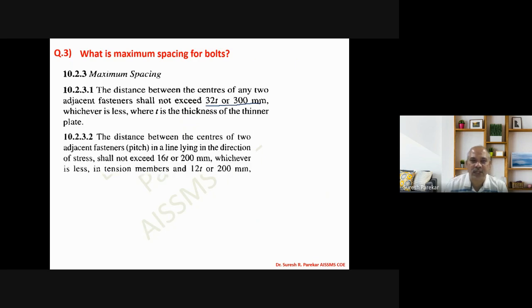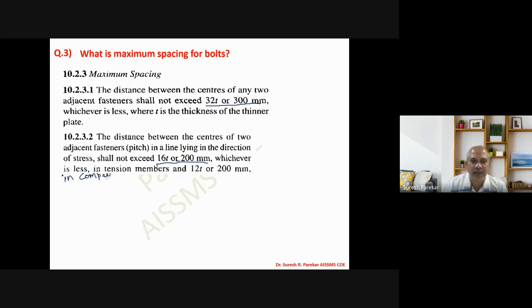But we have to also check it, that is centers of two adjacent fastener pitch in a line lying in the direction of stress shall not exceed 16T or 200 mm, whichever is less in tension members, and 12T or 200 mm in compression member.